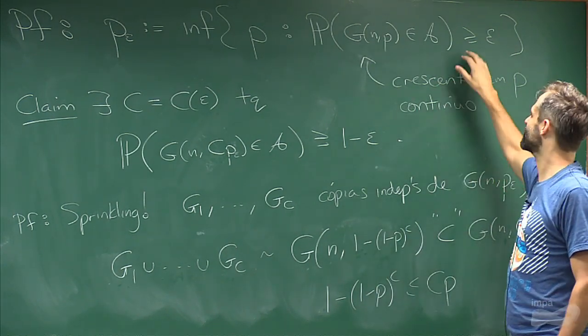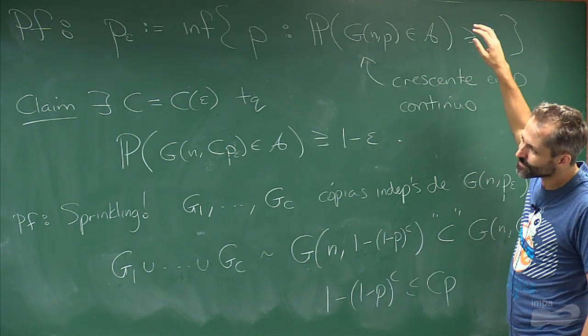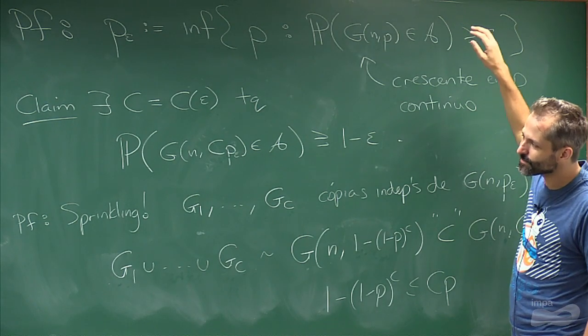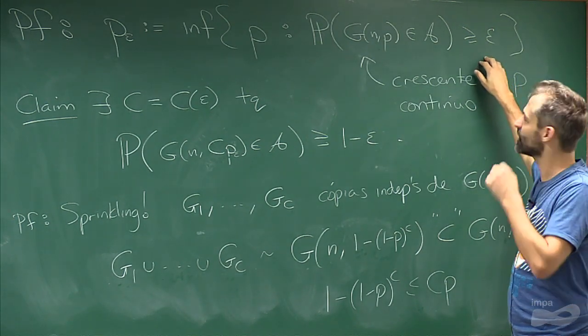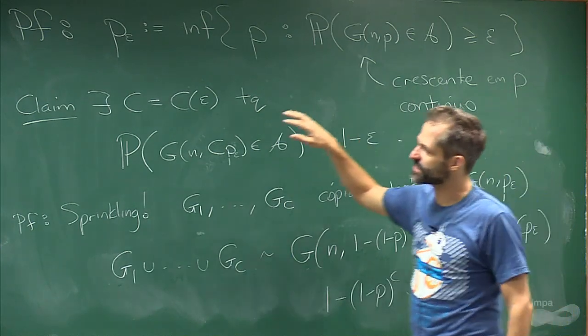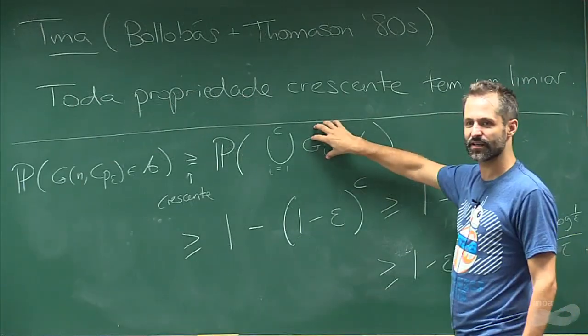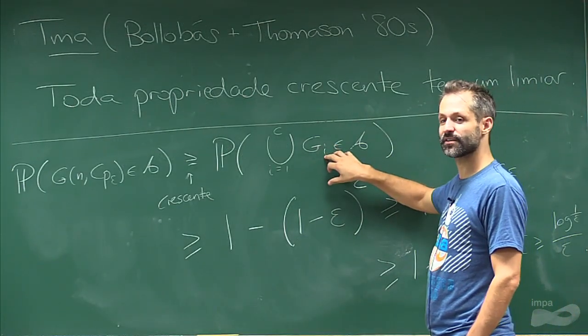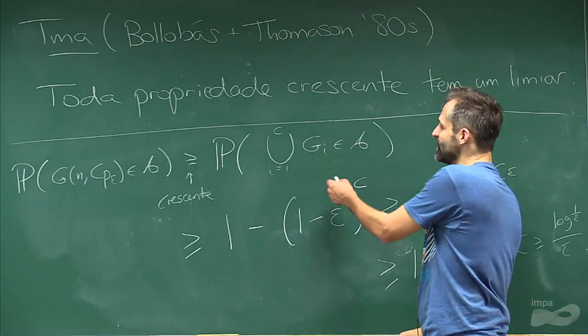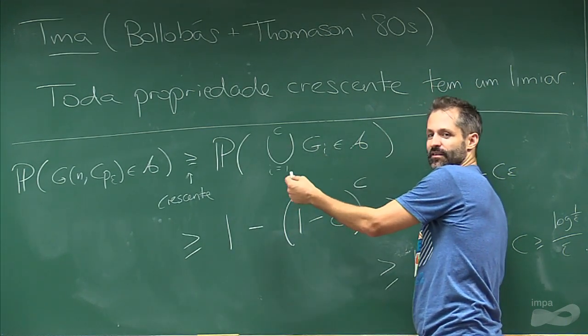Whatever, it's only at least epsilon, but anyway, it's equal to epsilon. So this probability is epsilon for each of these guys, and they're all independent. So what's the probability of the union?